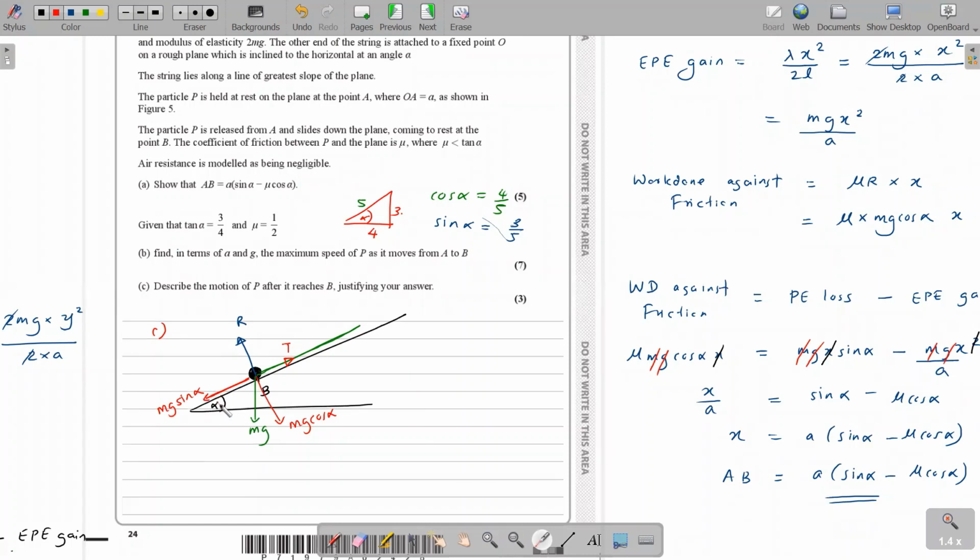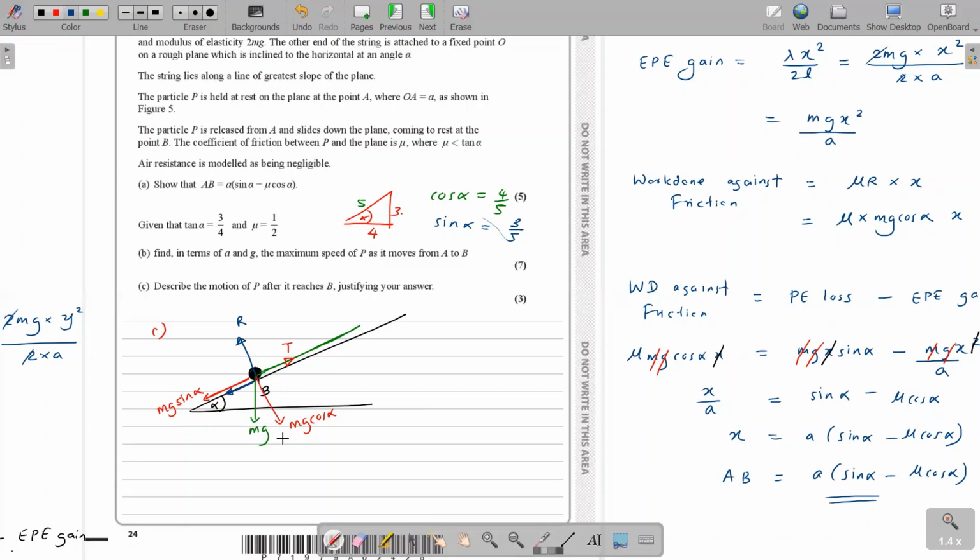So what we need to see is whether this tension force is sufficient to overcome the mg sin alpha and the friction. The maximum friction that we can have is mu R, so you have to see whether the tension is capable of generating more than that.